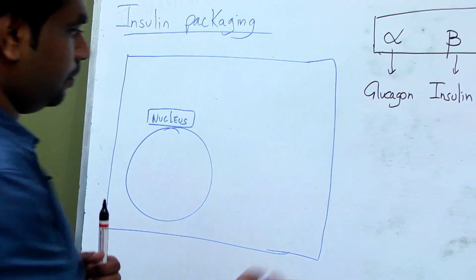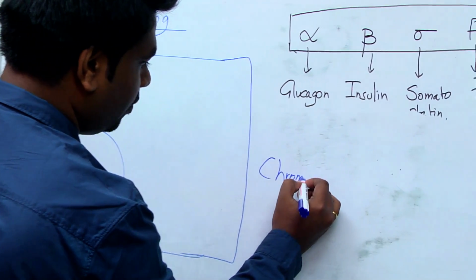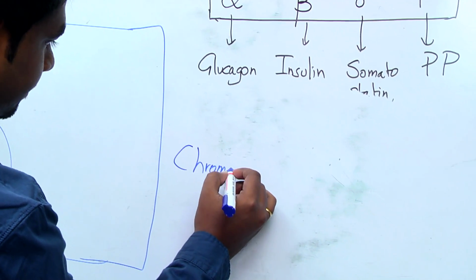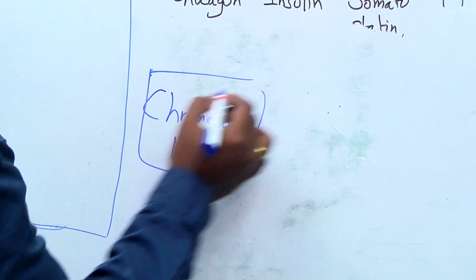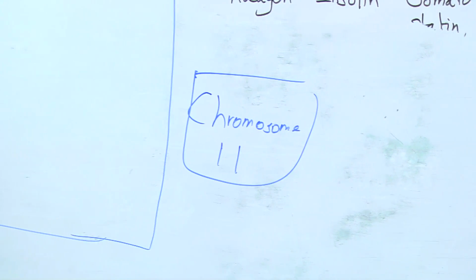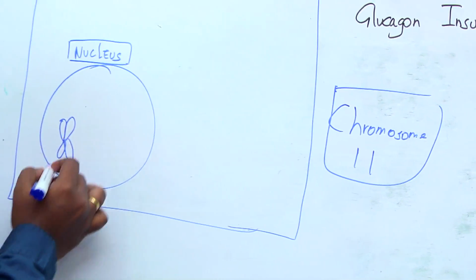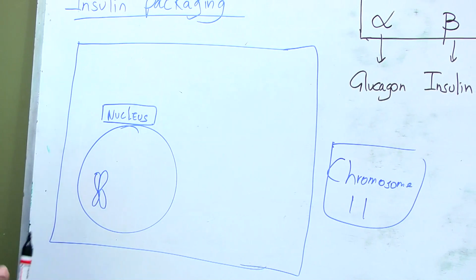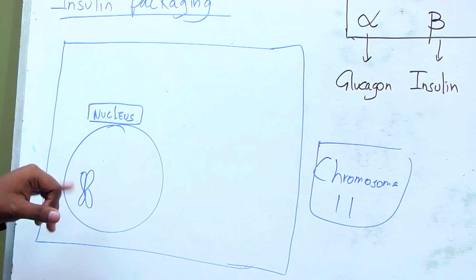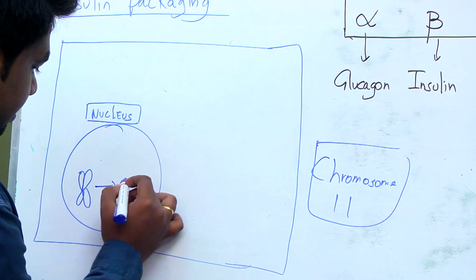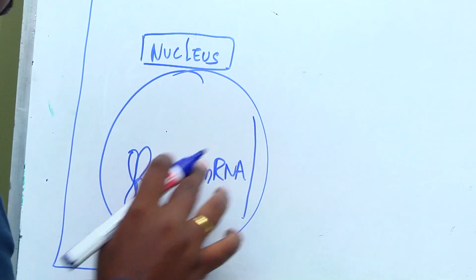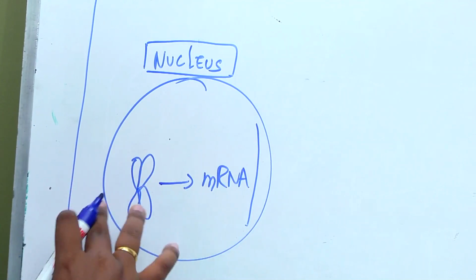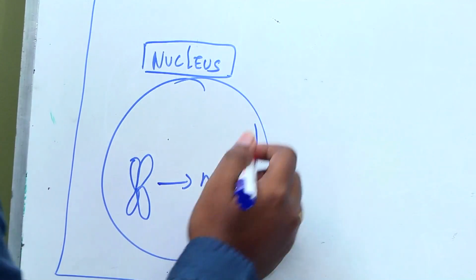The chromosome which is involved is chromosome 11. The short arm of chromosome 11 is responsible for the secretion of insulin. It contains the information which codes for this. So from this the mRNA is synthesized. So this mRNA will contain the genes or the information which code the insulin.